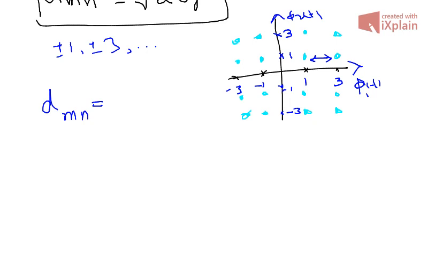But the minimum Euclidean distance, d min, would be equal to the square root of 2 times Eg. You can always verify this minimum Euclidean distance.